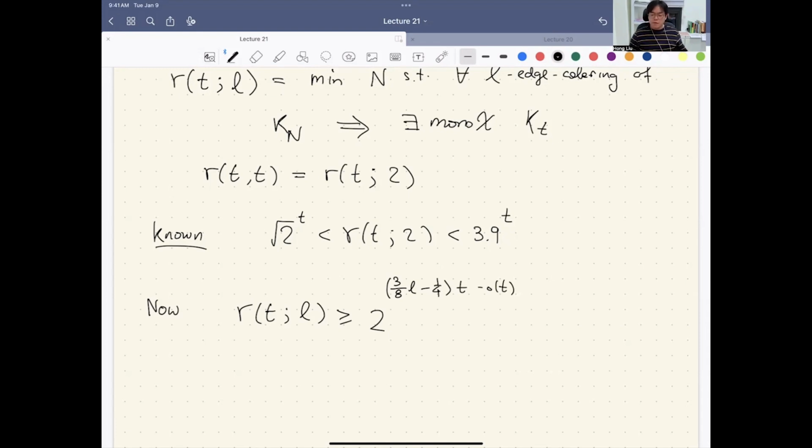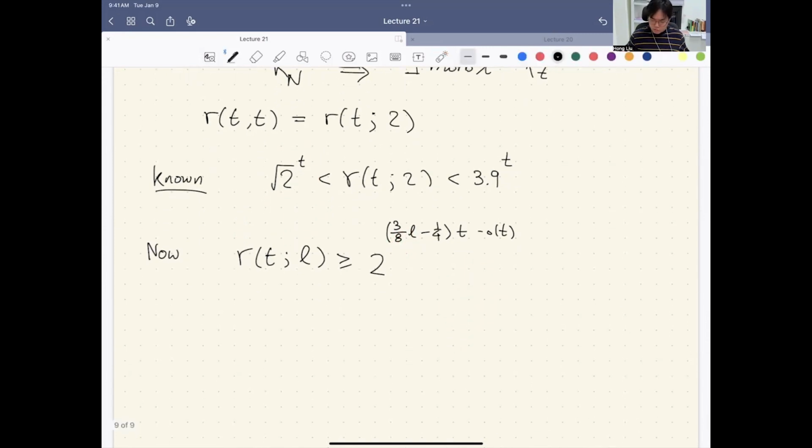If you take L to be 2, you get 2 to the t over 2. It's the same as this one. So when L equals 2, it covers root 2 to the t.